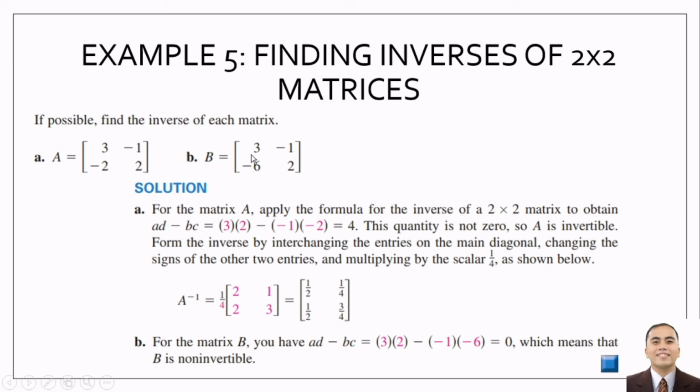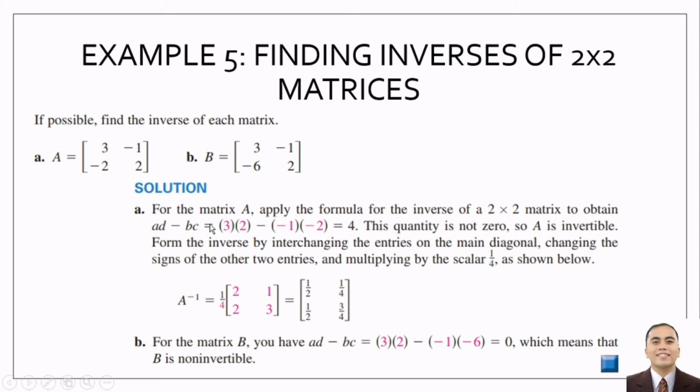B is equal to 3, negative 1, negative 6, and 2. So, solution for letter A. For matrix A, apply the formula for the inverse of a 2 by 2 matrix to obtain A times D minus B times C. So this is now A, B, C, D. Getting the values, A is 3, D is 2, minus B is negative 1, and C is negative 2.